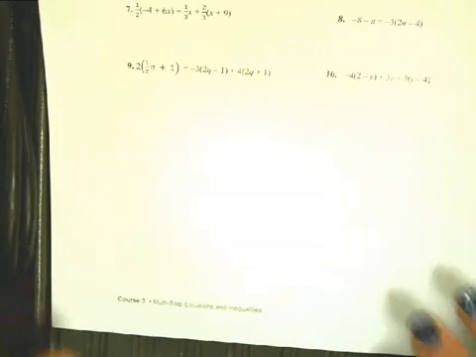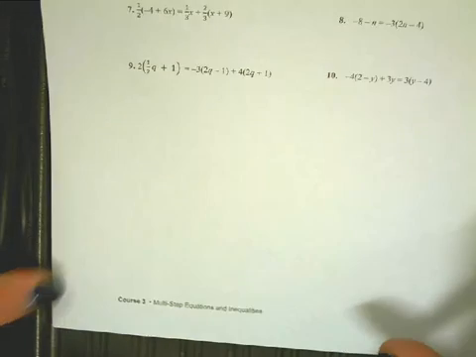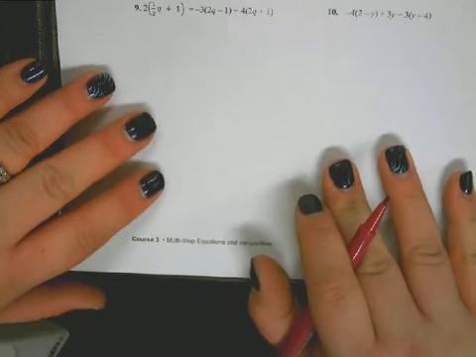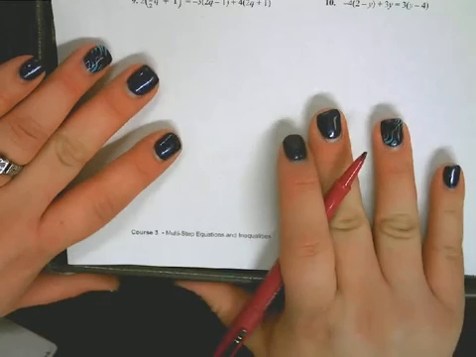So in your spiral notebook, first one I want you to copy down. 4 parentheses 2 plus 3c equals 56.